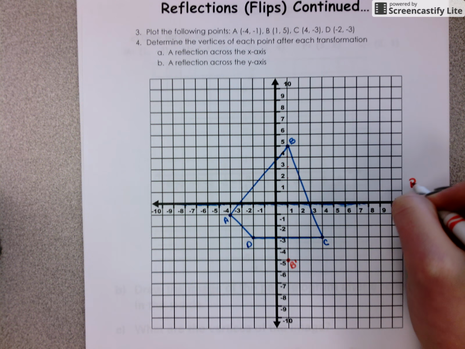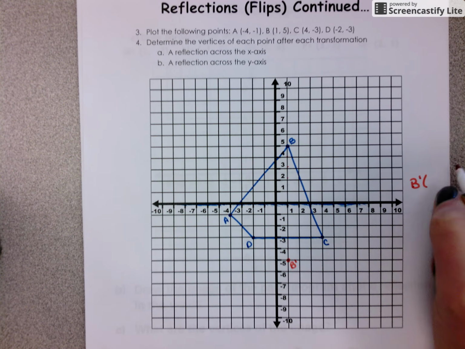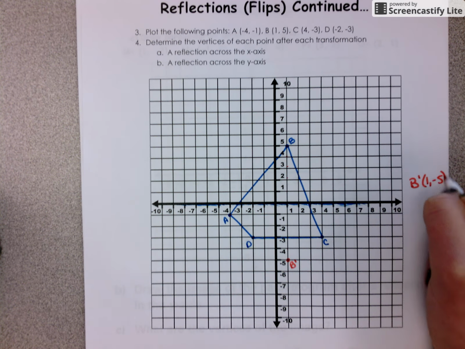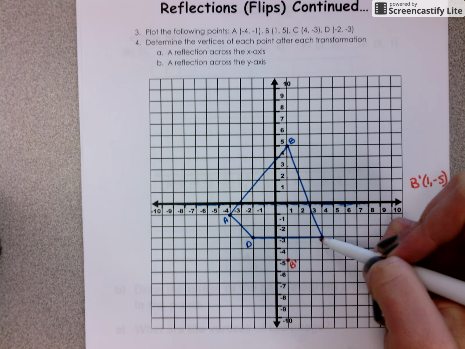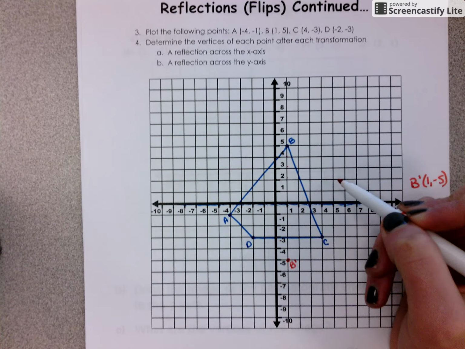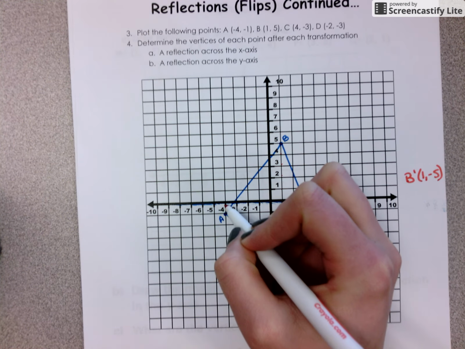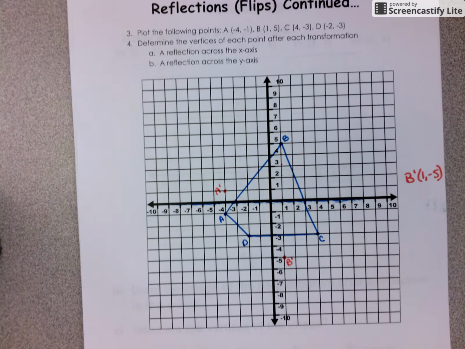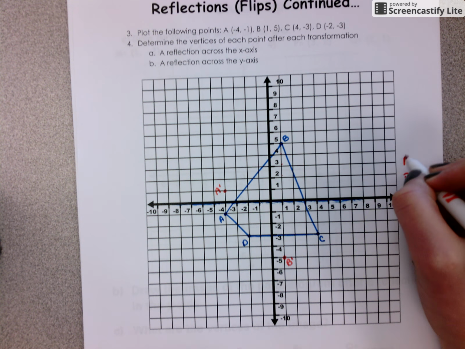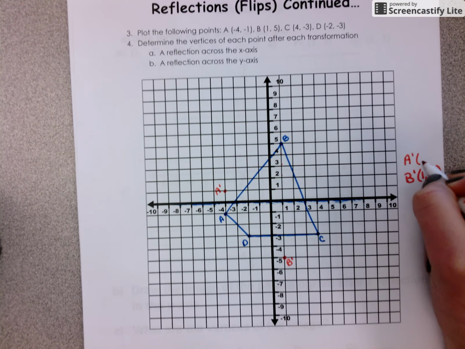And I'll write it on this side here. So B prime is now 1 and negative 5. Then A, D, and C are going to go from this bottom of the x-axis here to on top of that. So starting with A, it's 1 away. So it's going to be 1 away on the other side. So A prime is now negative 4 and positive 1 this time.